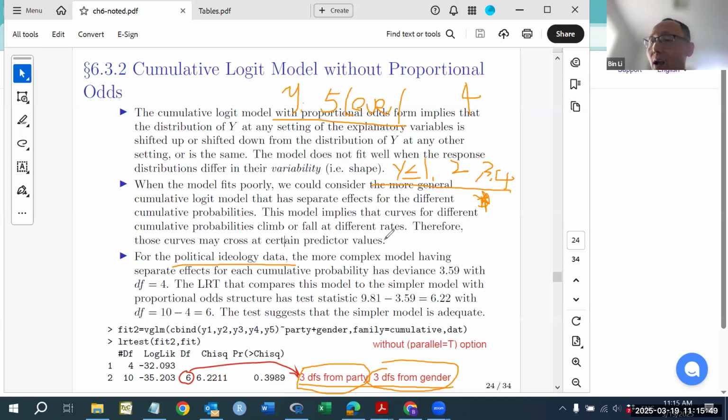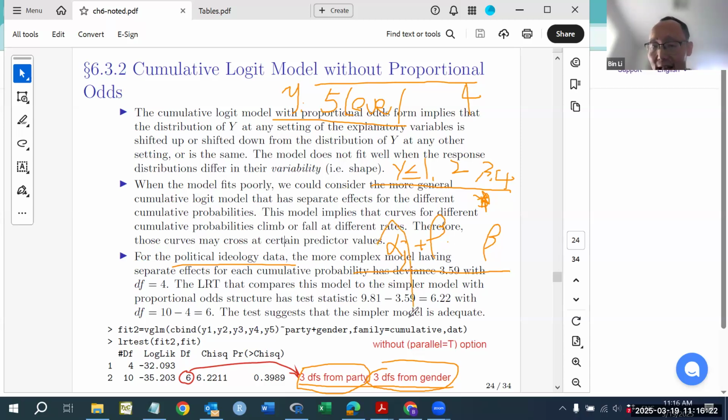So for the proportional odds model, we have 4 intercepts, right? 1 for each model. But we have 1 parameter for the party and 1 parameter for the gender. Is that right? So that's the proportional odds. Without proportional odds, we still have 1 intercept for each model.